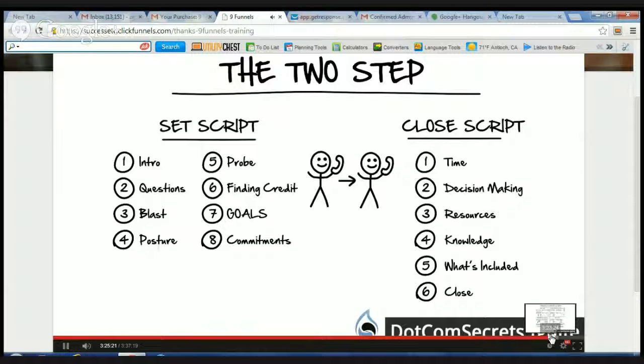And you probe to find out more about their pain, what they're struggling with, the good things, the bad things. You've got to find out if they've got credit, if they can pay for it. Then what their goals are, and then you share with them the commitments.